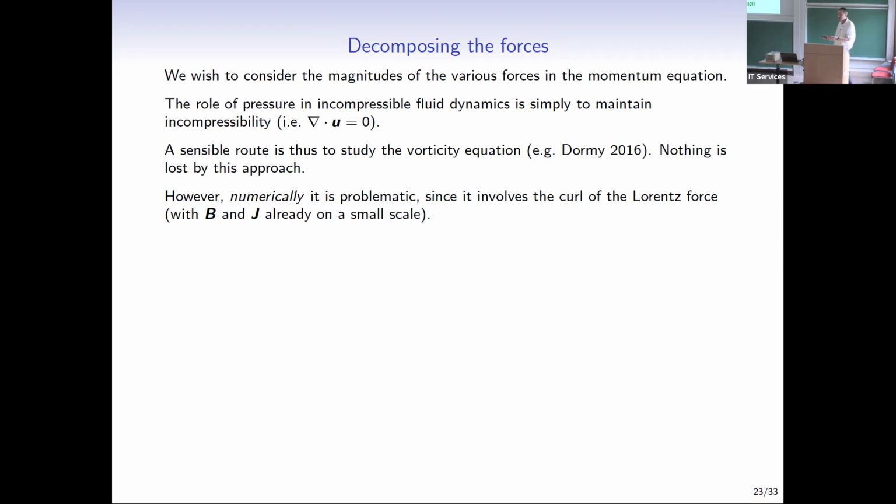That's giving yourself a lot of spare capacity. We could easily look at the curl of all these terms, but the curl of J cross B brings in another wave number in a spectral code that just kills you.